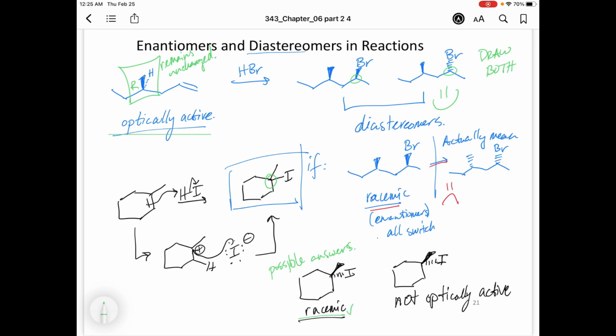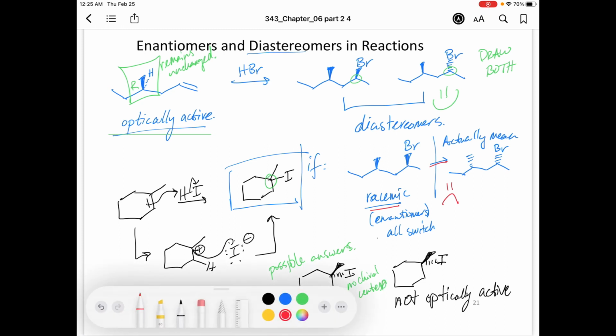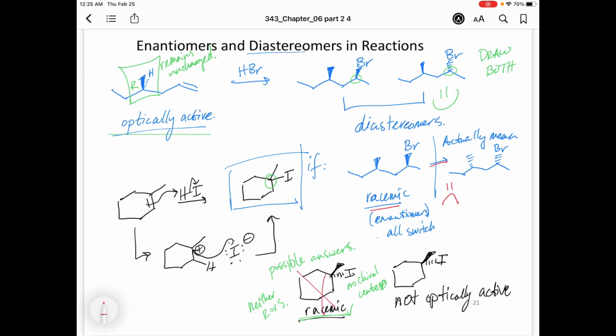If I write racemic on this answer, this is saying I have an R and an S, but we have neither R nor S because there's no chiral center. So this would be incorrect.